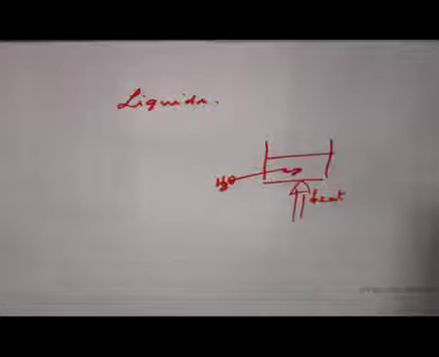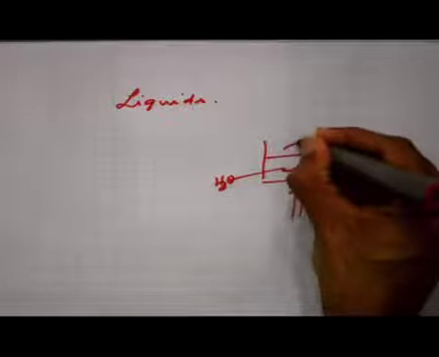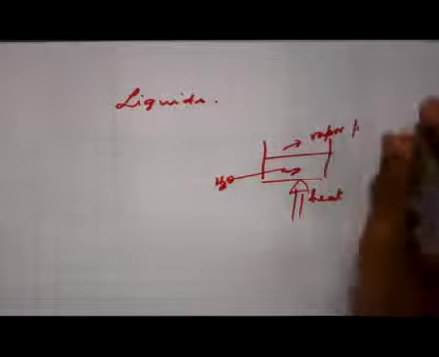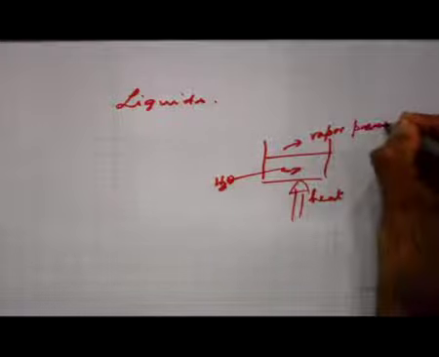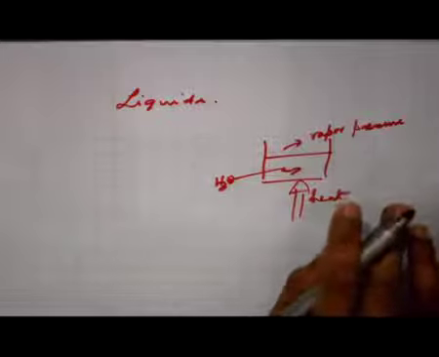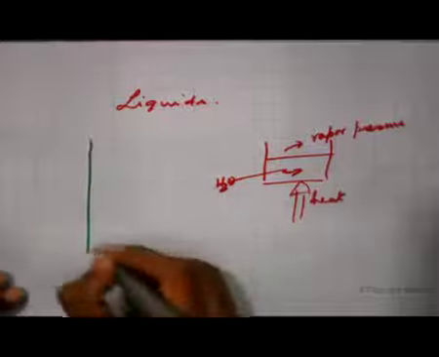Put it under a Bunsen burner and you heat it, and you look at the vapor pressure, open to the atmosphere, as you change the temperature. It is a slightly complicated experiment, and you look at the vapor pressure as a function of temperature.